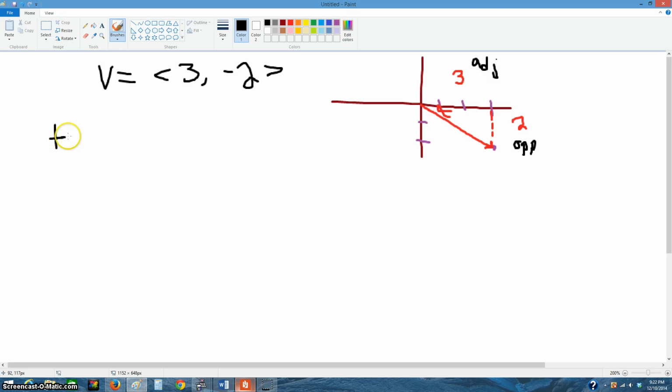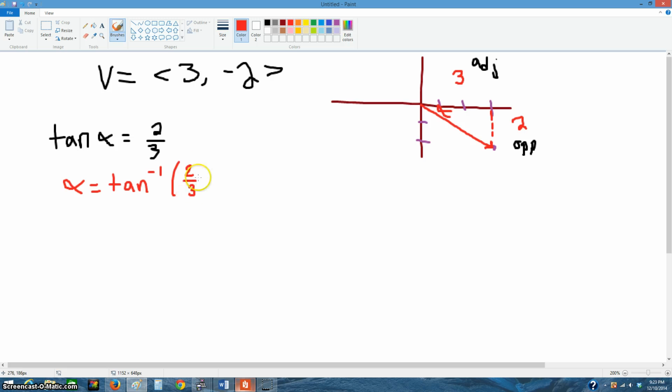So we have tangent of alpha is equal to 2 over 3. Remember, SOHCAHTOA, tangent is opposite over adjacent. Okay, so then I don't want tangent of alpha, I want alpha. So we have to take the inverse. So alpha is equal to the inverse tangent of 2 over 3.